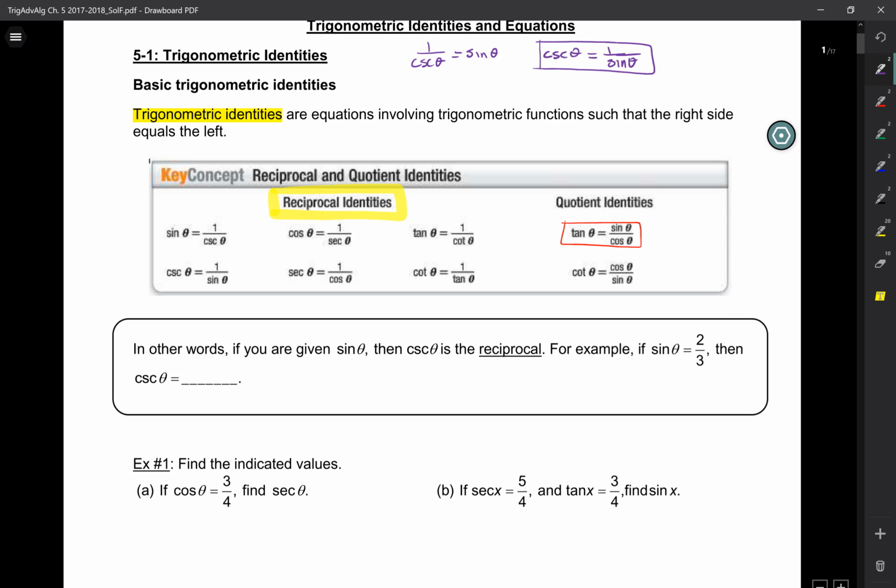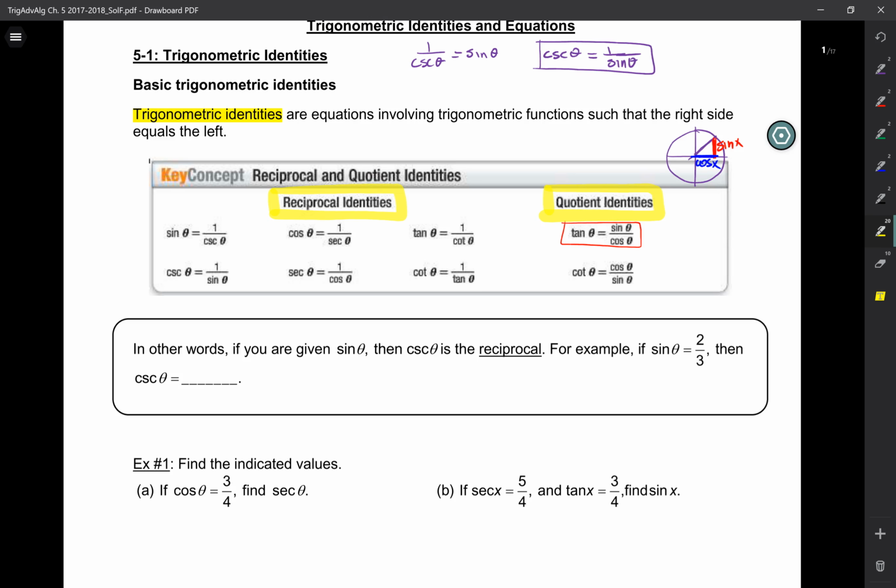So remember on the unit circle, that was sine and this was cosine, right? What was tangent? Opposite over adjacent, so that's sine over cosine. Cotangent is cosine over sine. So these are your quotient identities. Okay? So now we have 2 sets of identities.